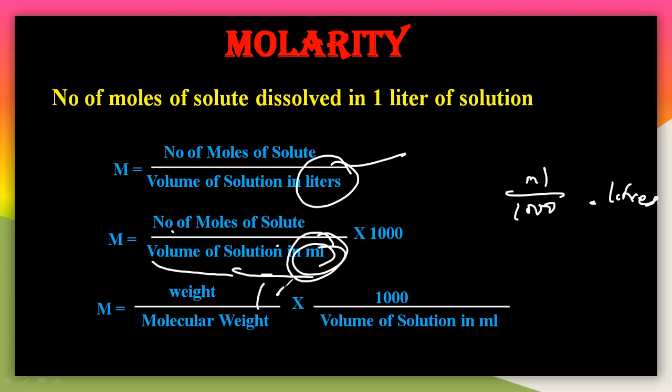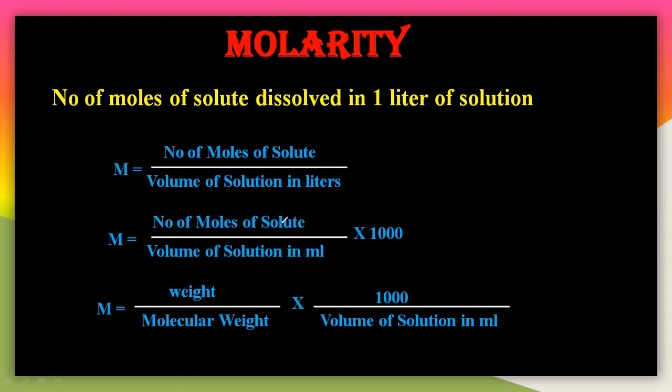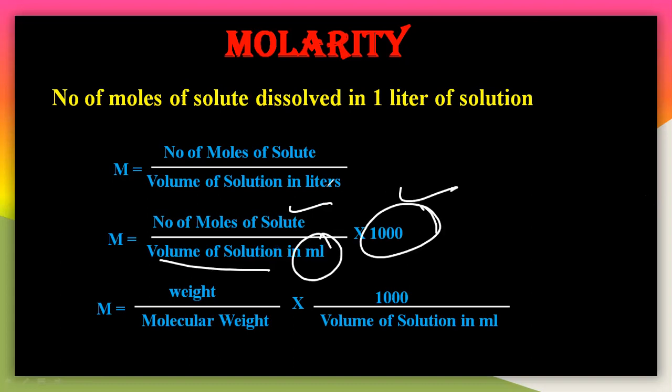Actually you have to divide, but the 1000 moves to the numerator, and you get the equation like this. Molarity is equal to the number of moles of solute by the volume of solution in ml, multiplied by 1000. If it is in liters, you do not have to do anything. Only if it is in ml, you have to multiply by 1000.